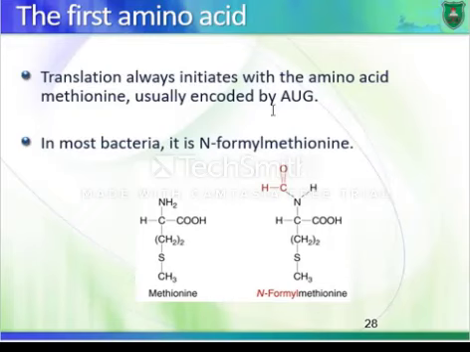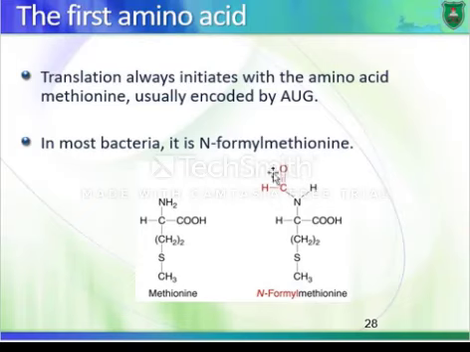Now, what is the first amino acid? We talked about the first amino acid in the translation, which is always methionine, and methionine is encoded by the AUG, you remember. So this is in both eukaryotic cells and prokaryotic cells, but in most of the bacteria we have the formyl methionine, which is methionine with a formyl group at the N-terminus of the amino acid.